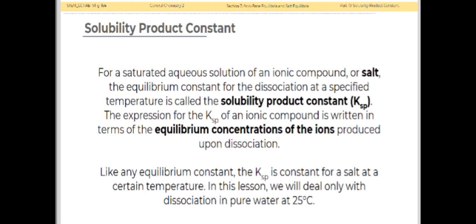The expression for the Ksp of an ionic compound is written in terms of the equilibrium concentrations of the ions produced upon dissociation. Like any equilibrium constant, the Ksp is constant for a salt at a certain temperature. In this lesson, we will deal only with the dissociation in pure water at 25 degrees Celsius.